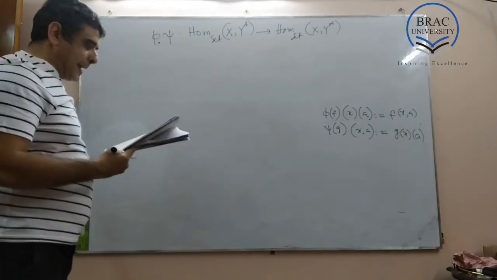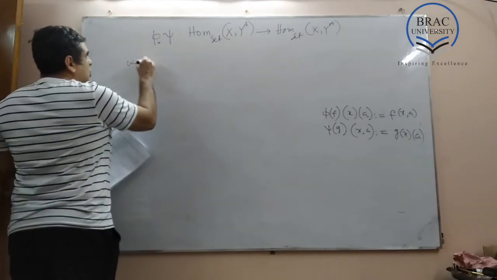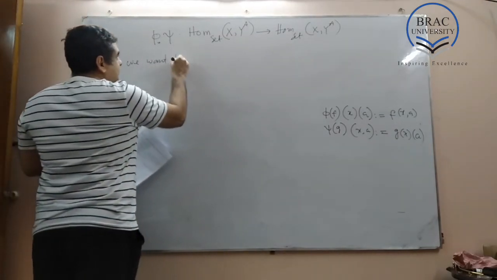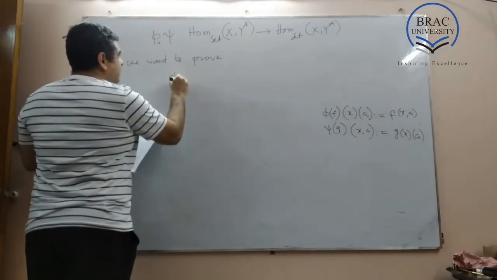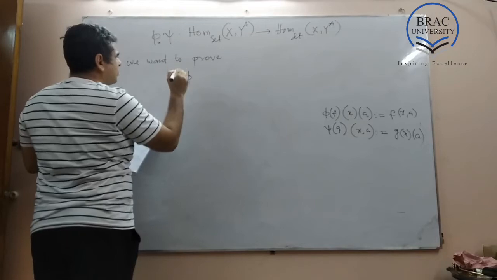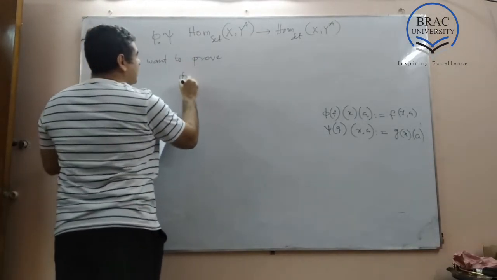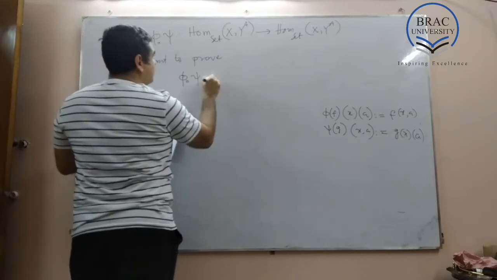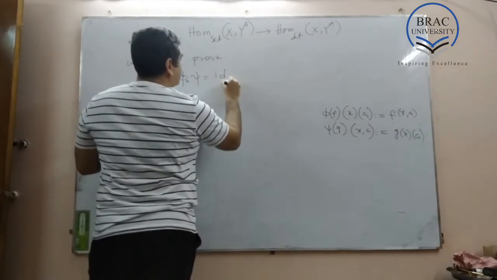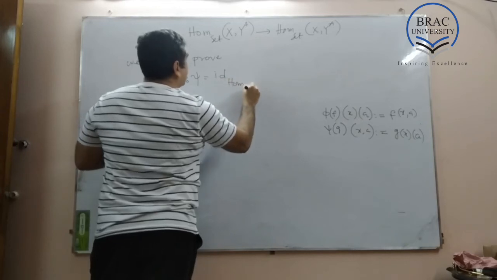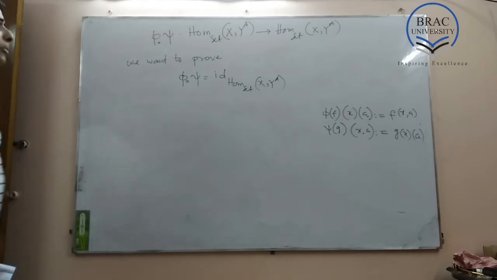And we want to prove, sorry, not psi composed with phi, we want to prove phi composed with psi is exactly equal to the identity map on this home set, x comma y to the a. This is what we want to prove.